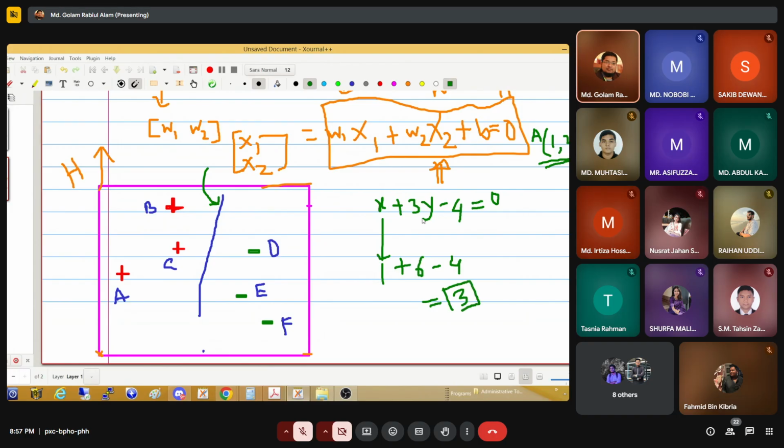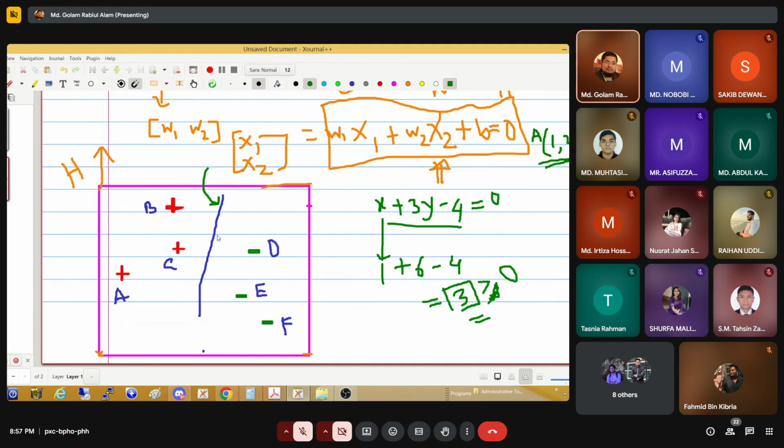3 is greater than 0. If this one is greater than 0, then we can say that data point is actually above our hyperplane, above this equation.